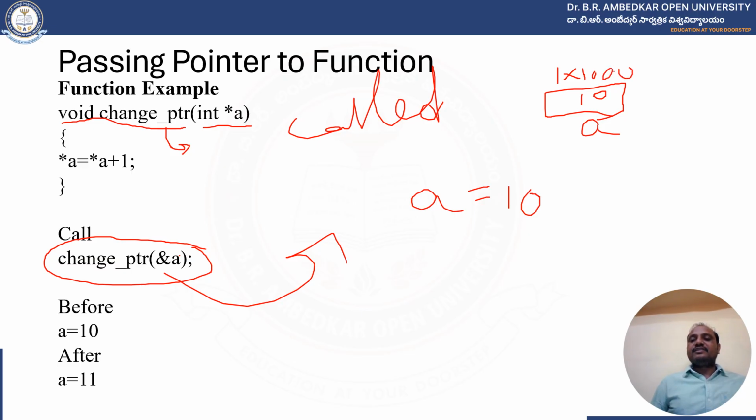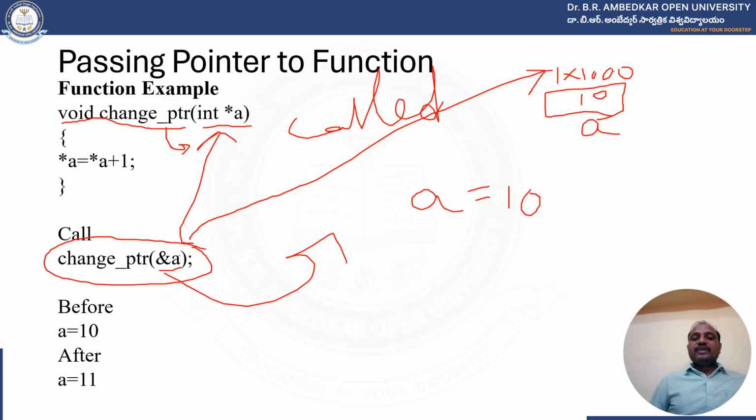That's why I am taking it as an example; you can take any address value, that doesn't matter. So when we pass the address of a here as a parameter, 1x1000 will be passed here.